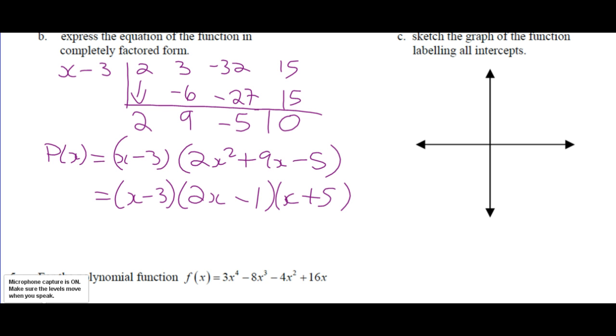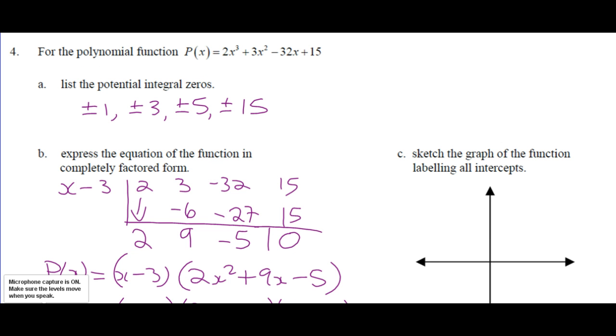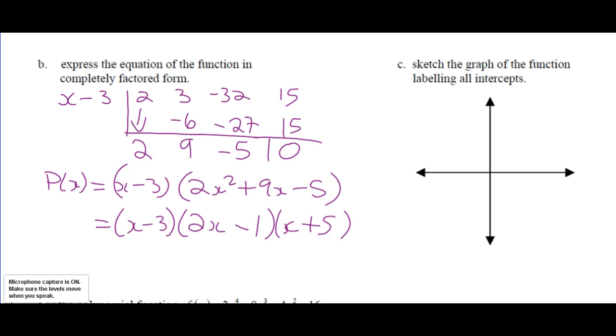Sketch the graph, labeling all intercepts. What's the y-intercept? 15, right? What are the x-intercepts? 3, and so negative 5, 1/2, 3.